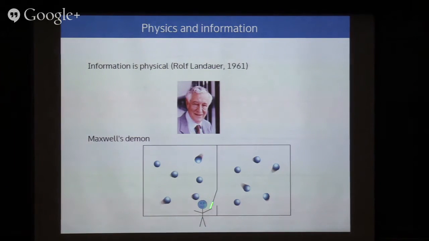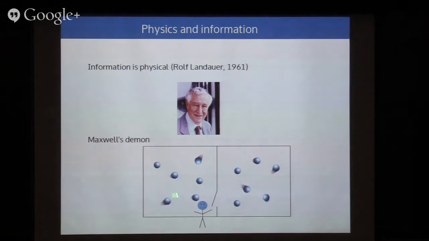Basically, the demon has a little door he can open and close without actually performing work. The door separates two containers of gas, which are initially at thermal equilibrium. And then what the demon does, he looks at the individual gas molecules, and then, for instance, if a fast one arrives, he opens the door, and if a slow one comes, he closes the door.